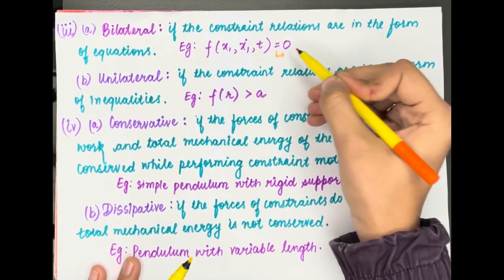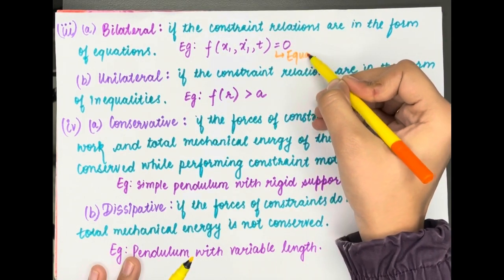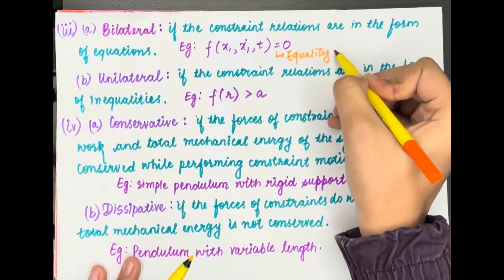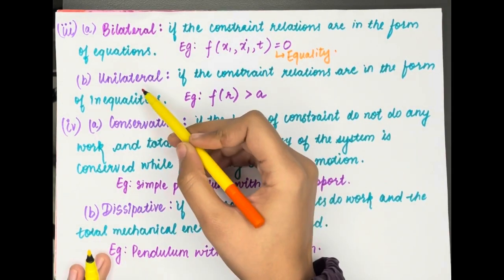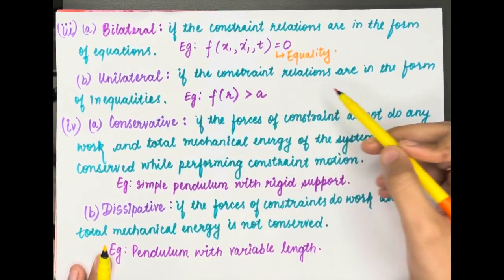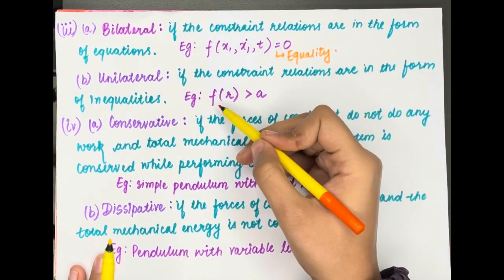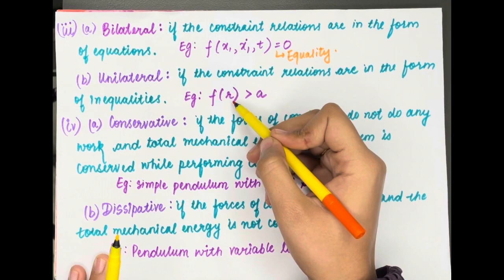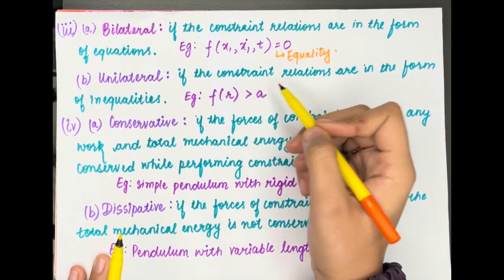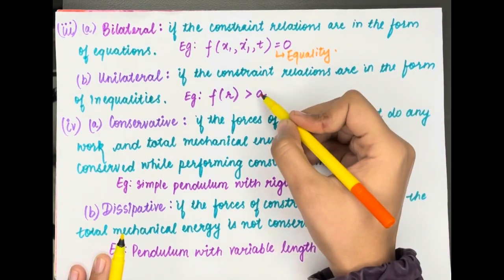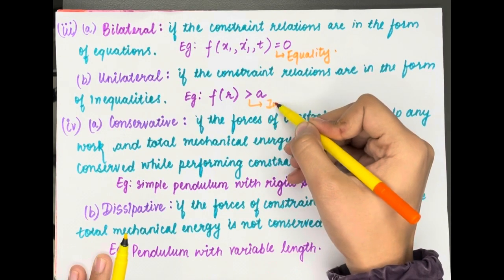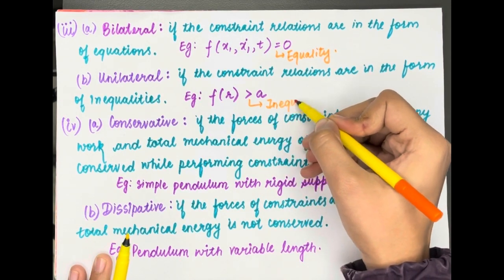This equality sign states that this is bilateral. The second is unilateral. If the constraint relations are in the form of inequalities, for example, any function f of r is greater than a, this inequality makes the function unilateral.